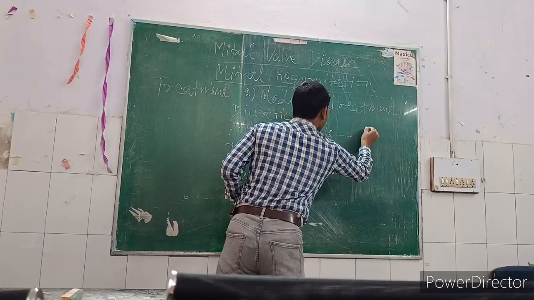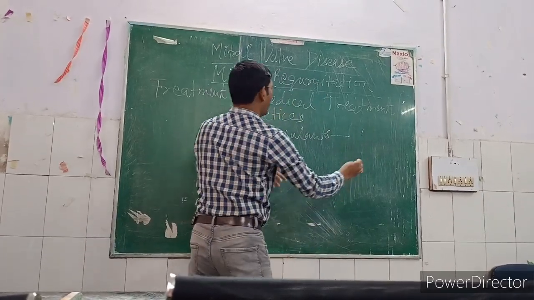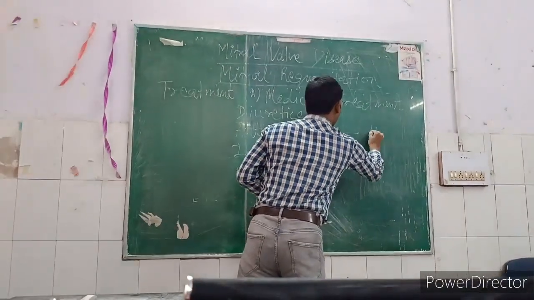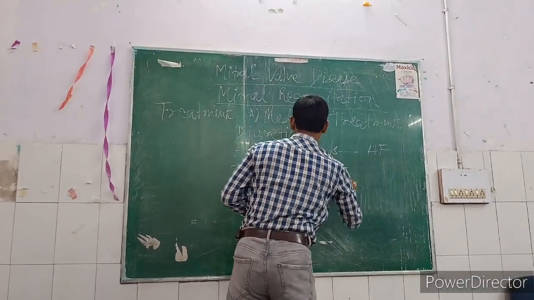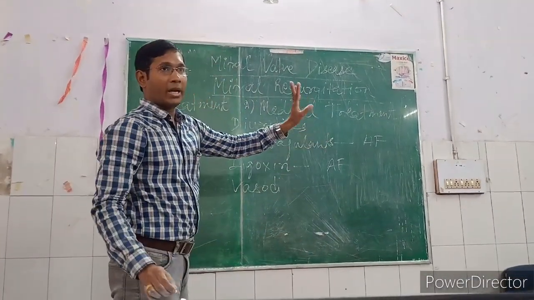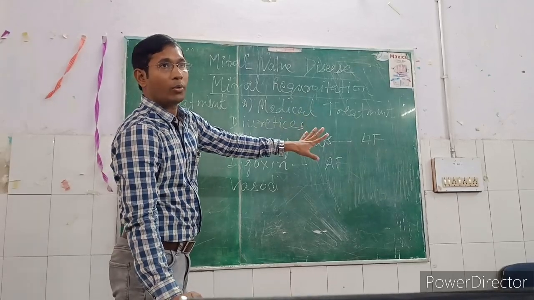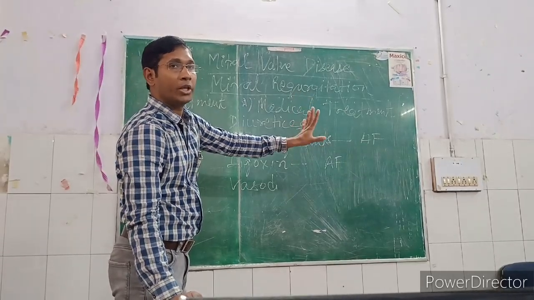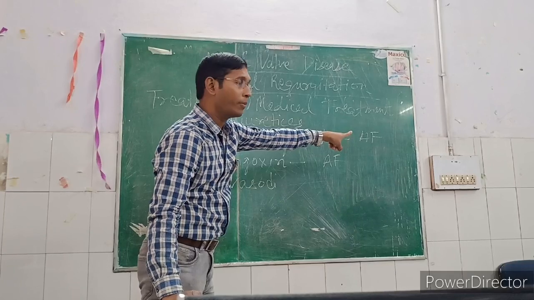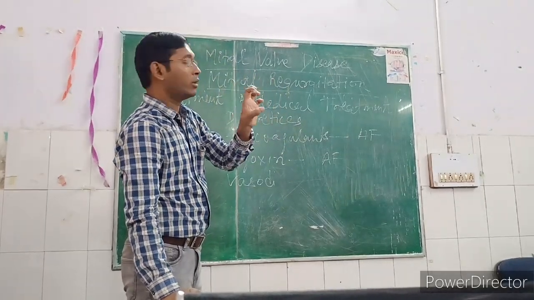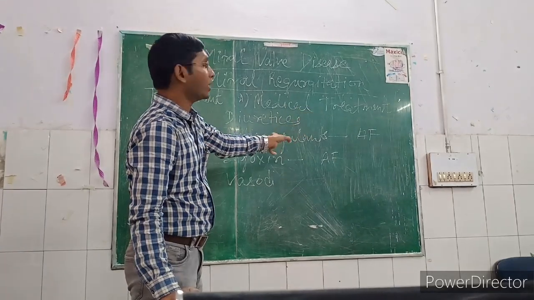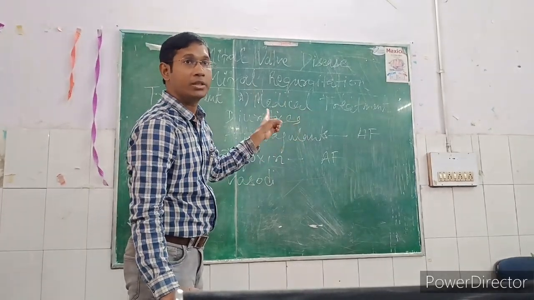Anticoagulants are fundamentally given when the patient is in atrial fibrillation. So for atrial fibrillation, there are two drugs which are important. Anticoagulants, and the primary purpose of anticoagulants is to prevent embolization due to atrial fibrillation. So it might seem somewhat awkward that treatment for atrial fibrillation is anticoagulant, but yes, it is given.